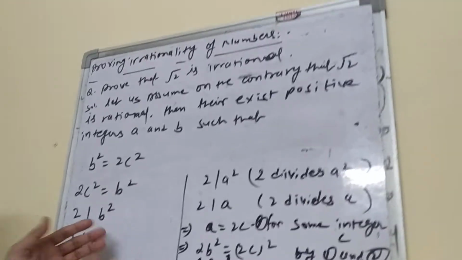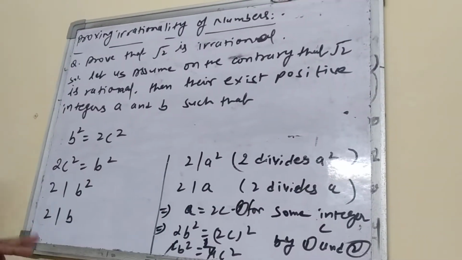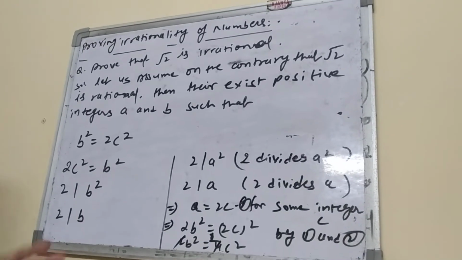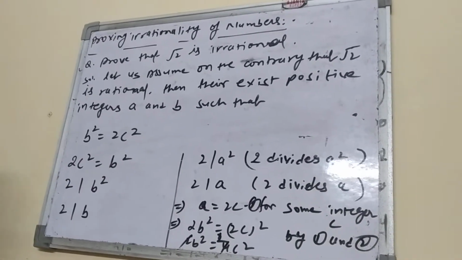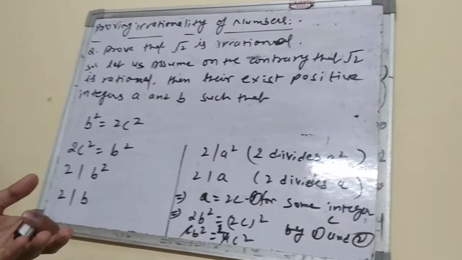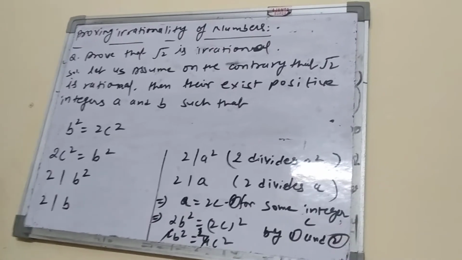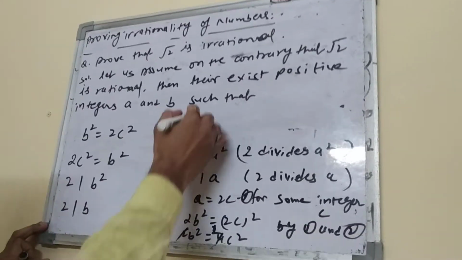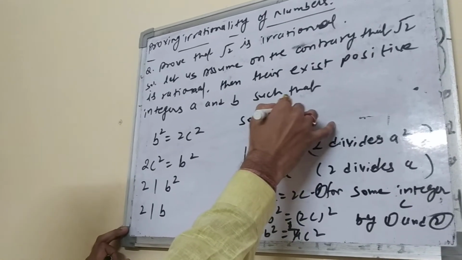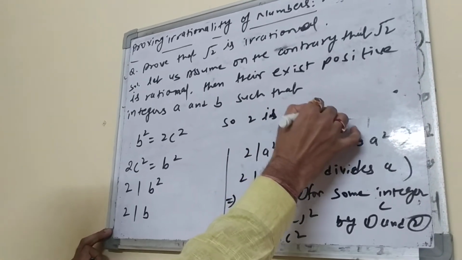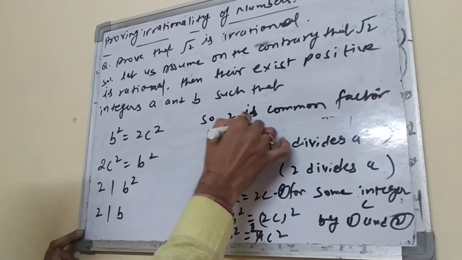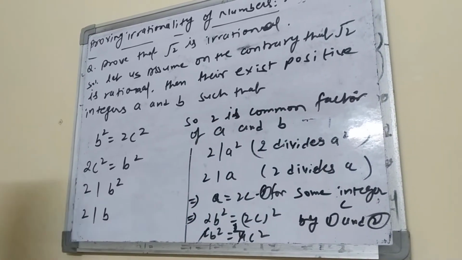In the previous case, 2 divides a, and here 2 divides b. So 2 is a common multiple of a and b, but it contradicts our fact that a and b are co-prime and HCF is 1. So 2 divides a and 2 divides b, so 2 is a common factor of a and b.